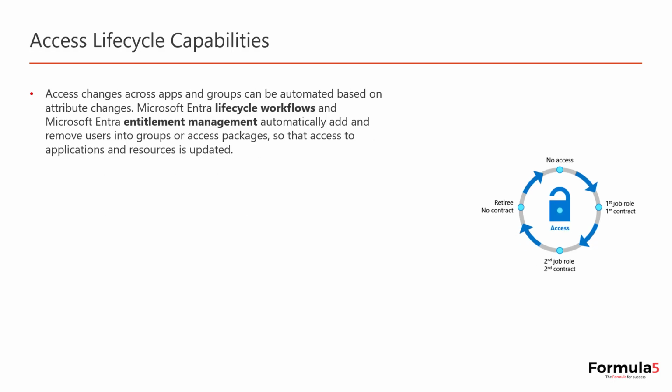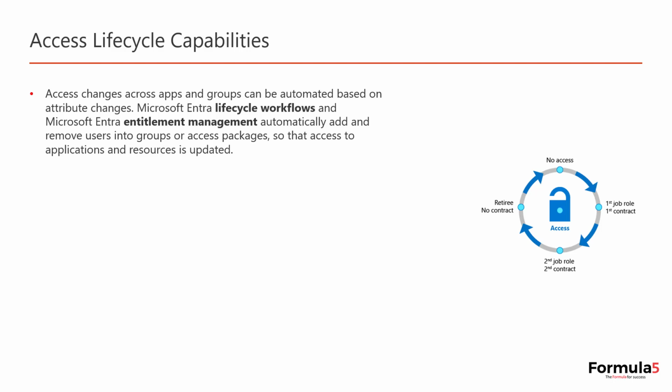Now, let's talk about access lifecycle capabilities in Microsoft Entra ID Governance. Access changes across applications and groups can be automated based on attribute changes. For instance, let's say that a user has changed department and now, instead of working in the marketing department, this user is working in the sales department.